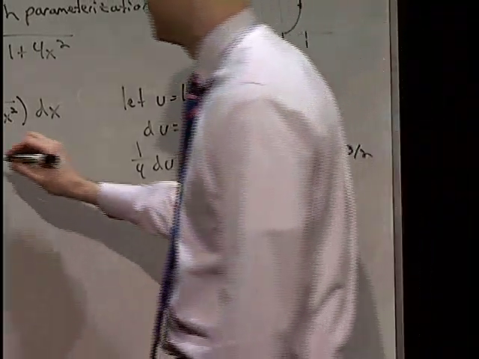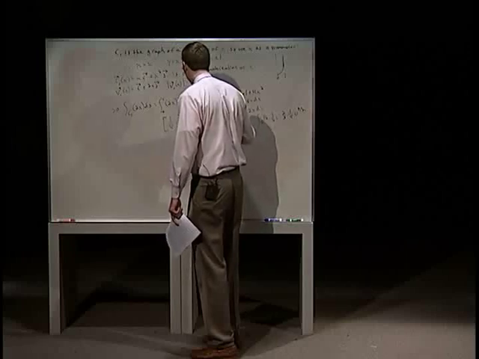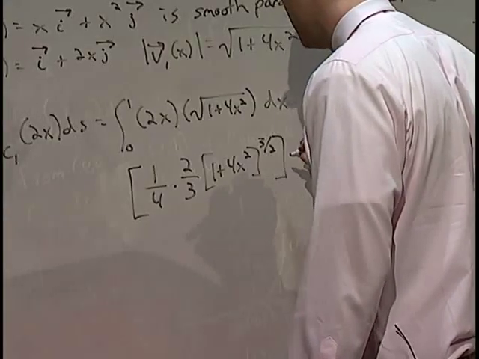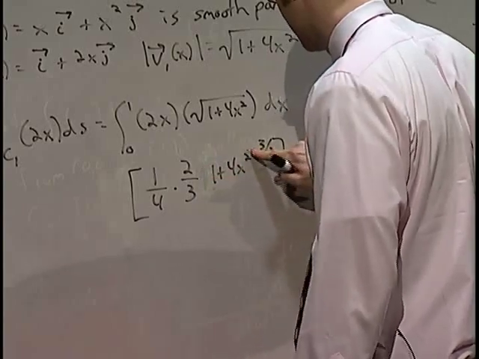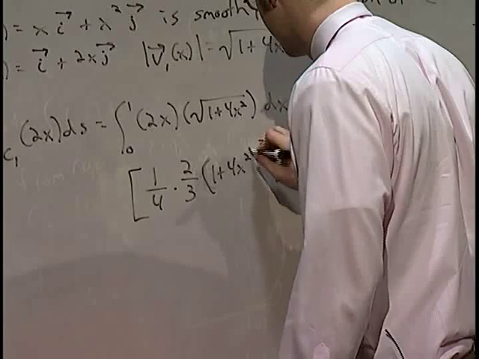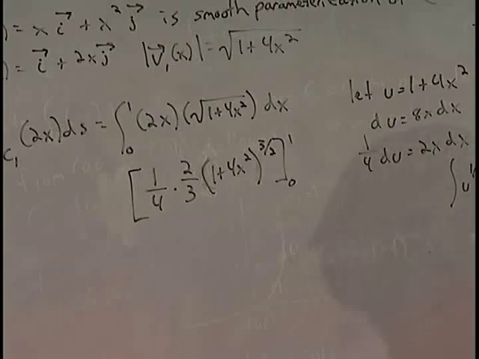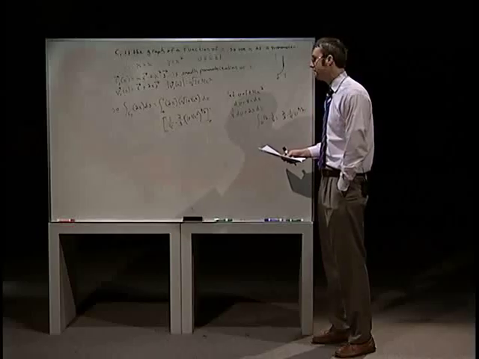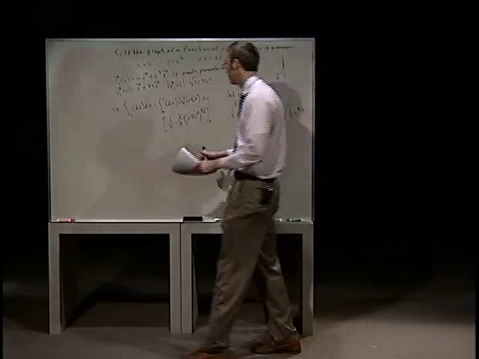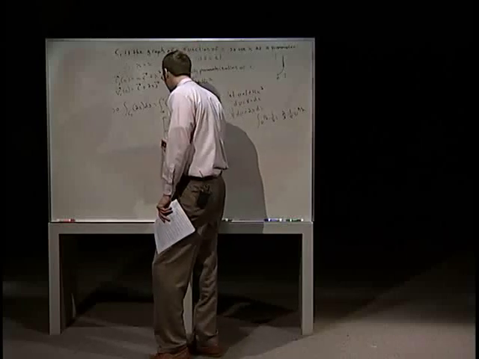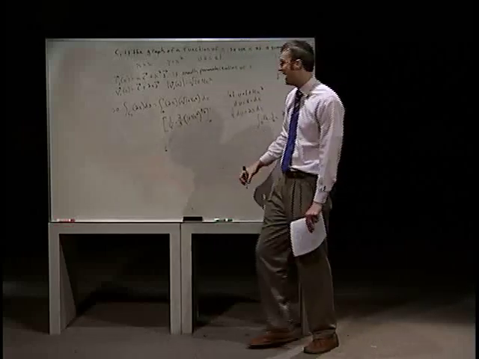So this would be (1 plus 4x squared) to the 3/2, with parentheses, from 0 to 1. So there's the integral. And when we plug in, what do we get? We plug in 1. The 1/4 and the 2/3 can go outside, so that's just 2/12. It's 1/6. You plug in 1 here, you get 5 to the 3/2.